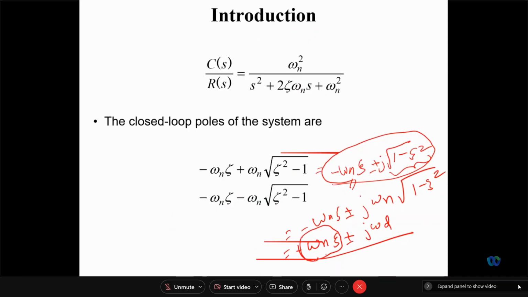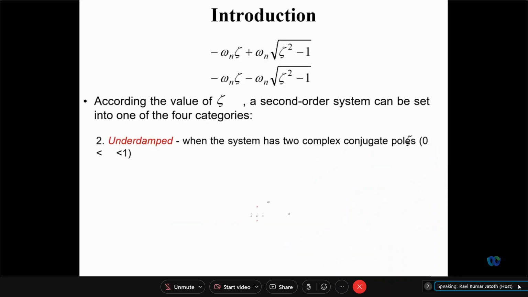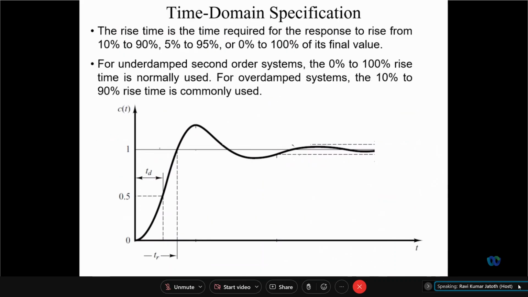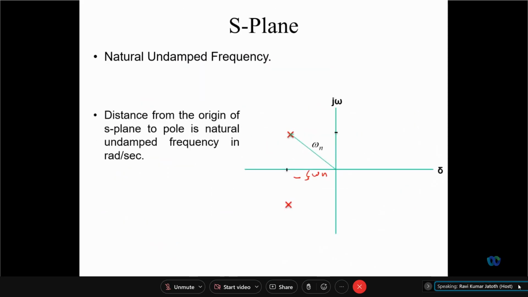Yes, sir, omega n zeta. And the imaginary part is omega d. So if you represent that on the S plane, this is minus omega n zeta, and this is j omega d, where omega d is nothing but what? This distance is omega d. This distance is zeta omega n. Understood, no?